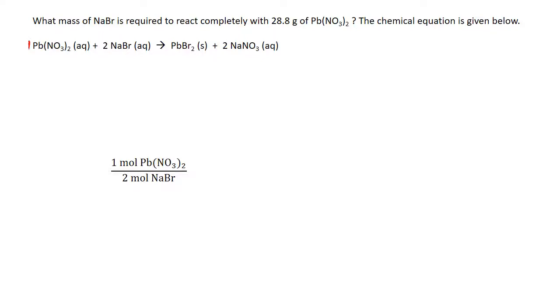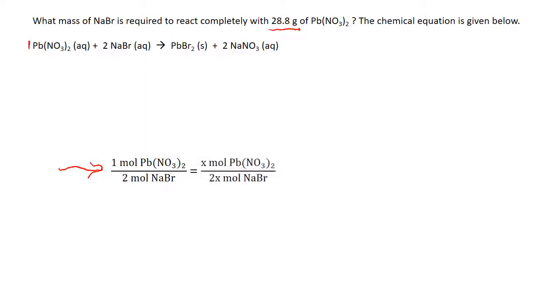Now, the thing about it is we don't know how many moles of lead nitrate we have. What we do know is the mass. So what we're going to do is rewrite this proportion of mole ratios in terms of unknowns.